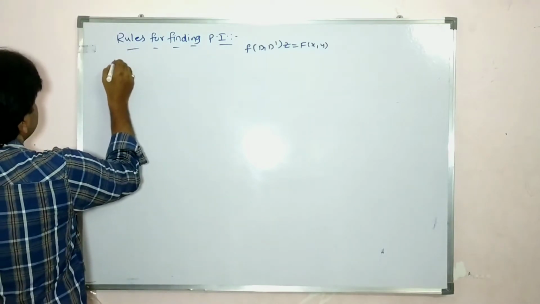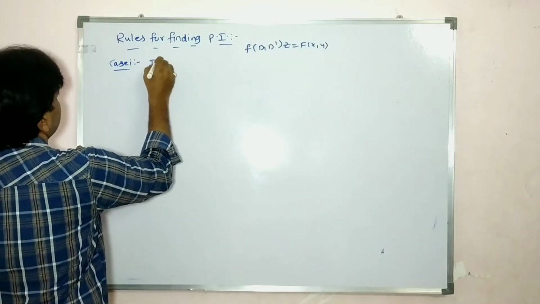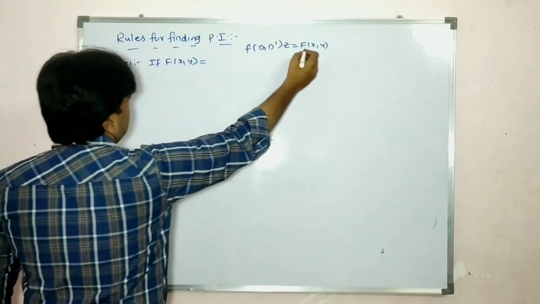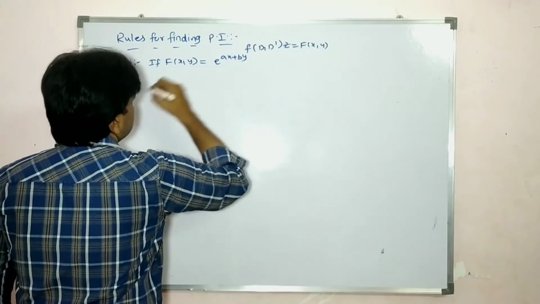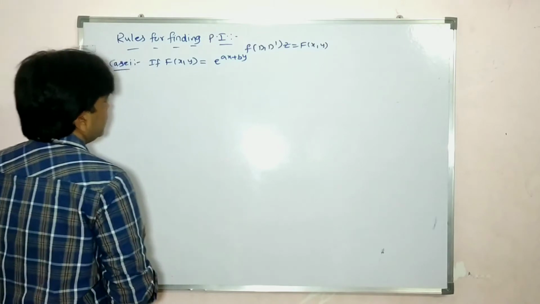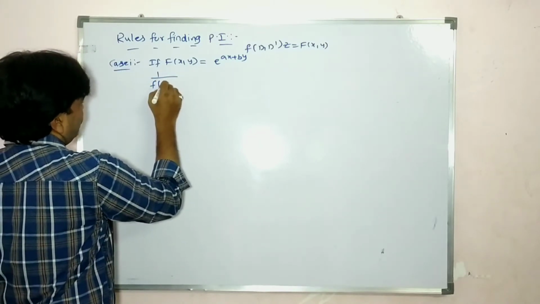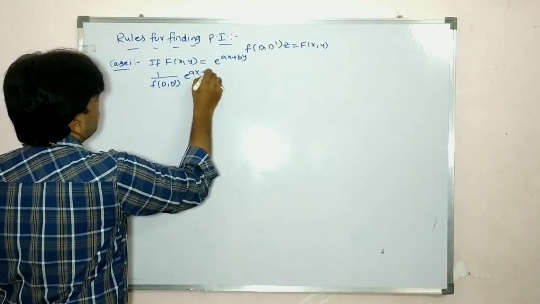Case 1. If f of x y is equal to e power ax plus by, what is the particular integral, students? 1 over F of D comma D dash into e power ax plus by.